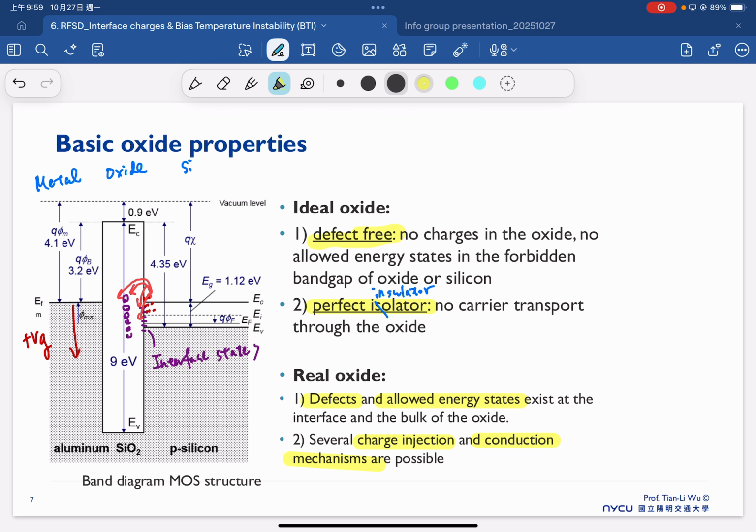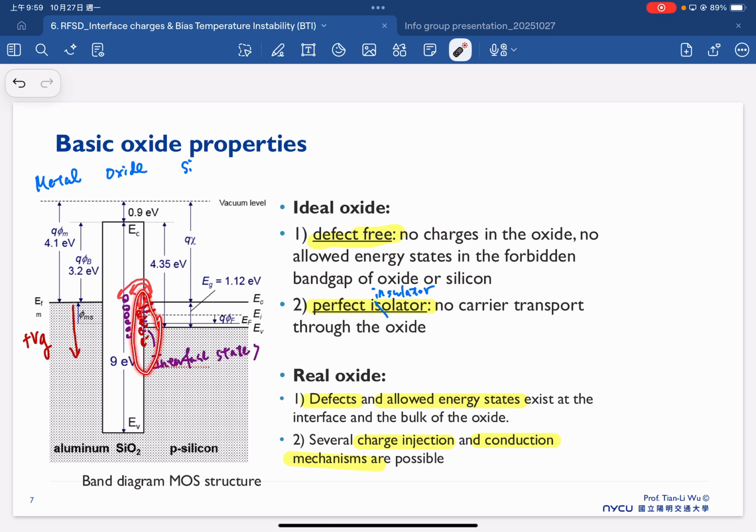As long as we have these inversion electrons being injected, whenever they see this allowed energy state, they will start to be trapped here. So you will see a certain amount of electrons being fixed at this region.